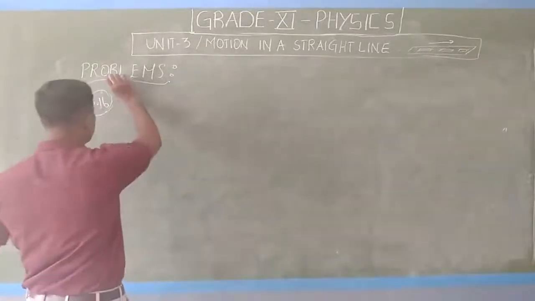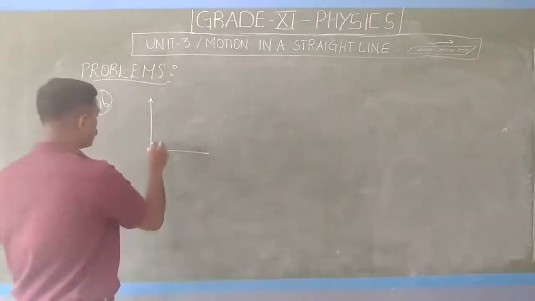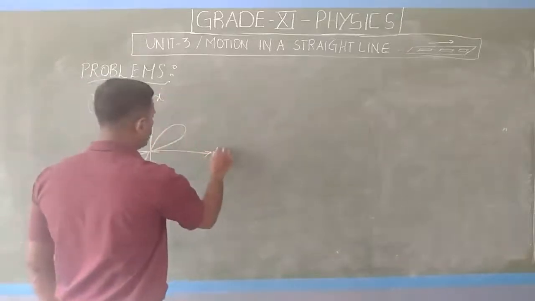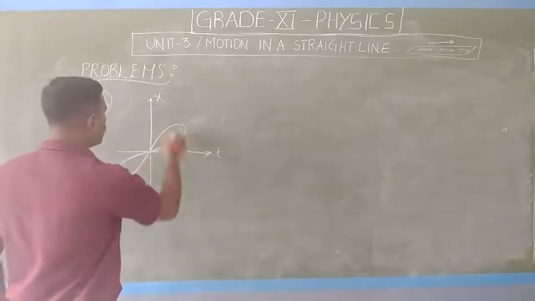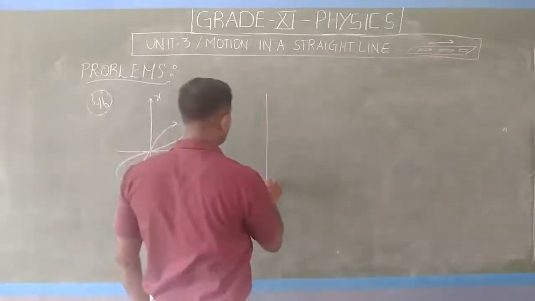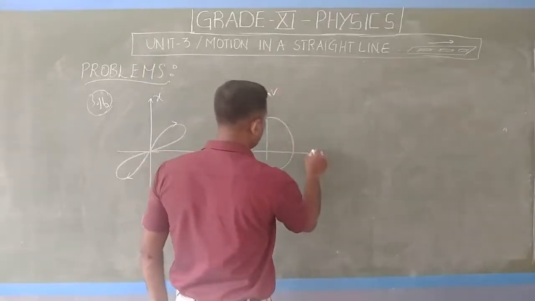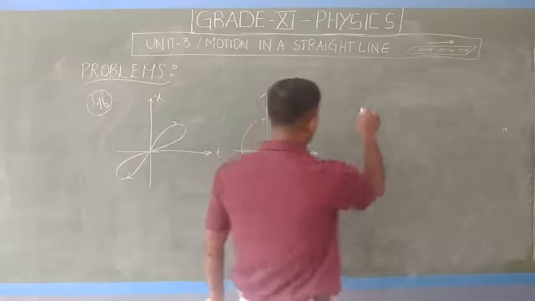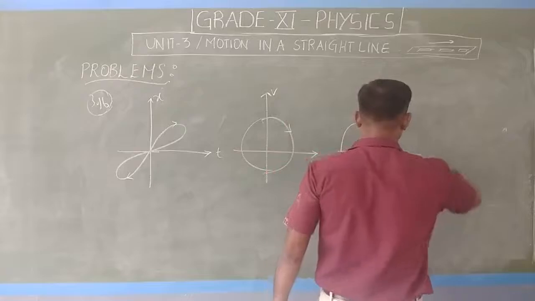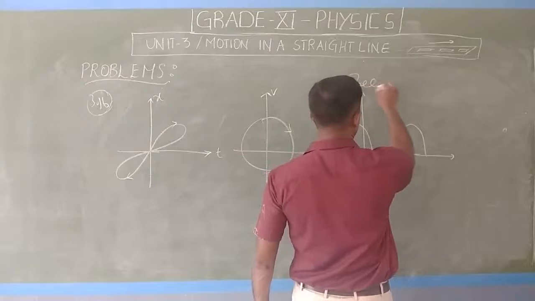The second problem is, the first graph is x against time, that is distance. The next one is velocity and time, and the next one is speed.